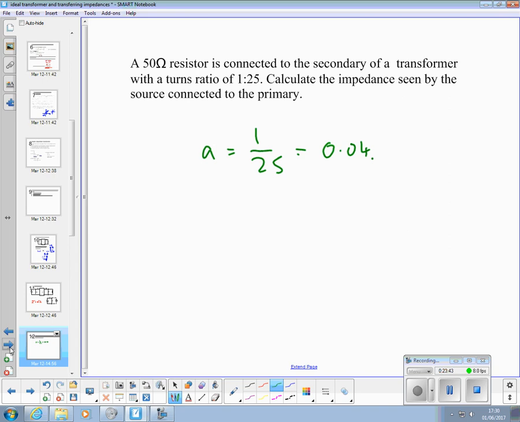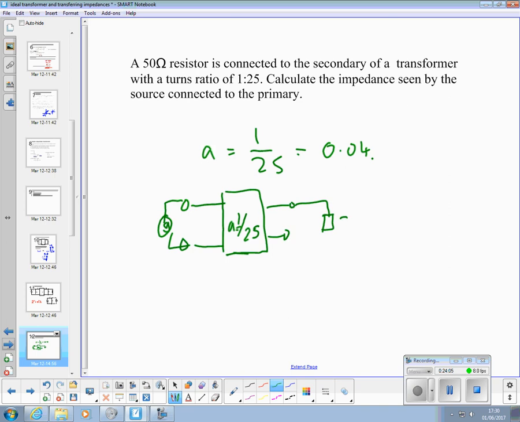What we're looking at is a circuit where a generator is connected through a transformer, A equals 1 over 25, to a secondary that's got a 50 ohm resistor in it. That's the circuit we're looking at.